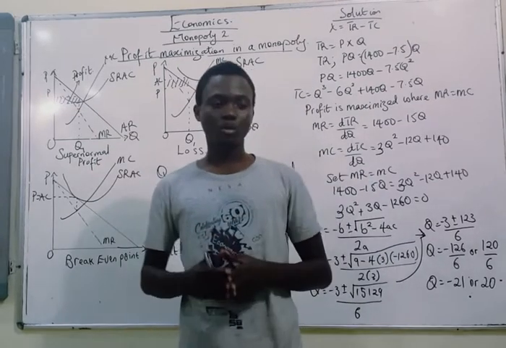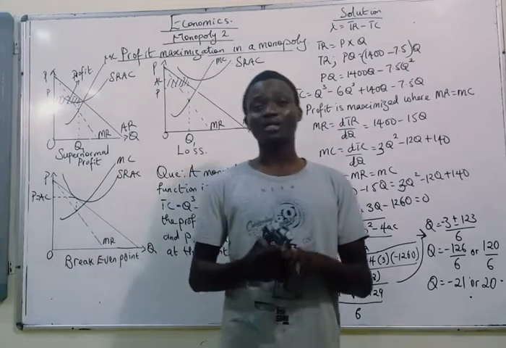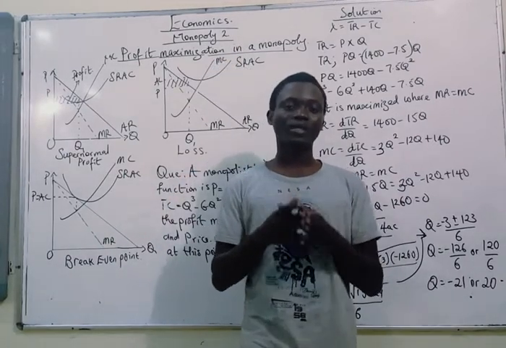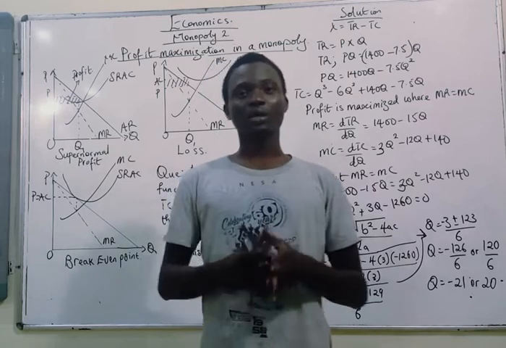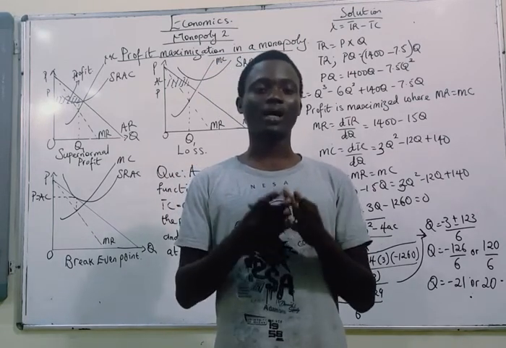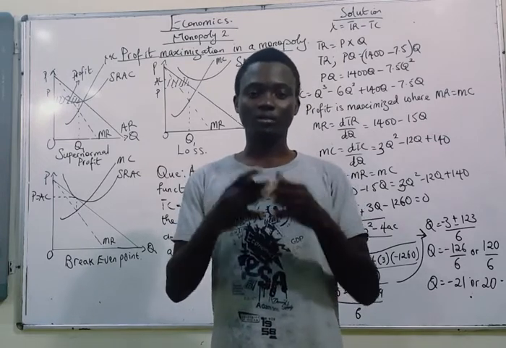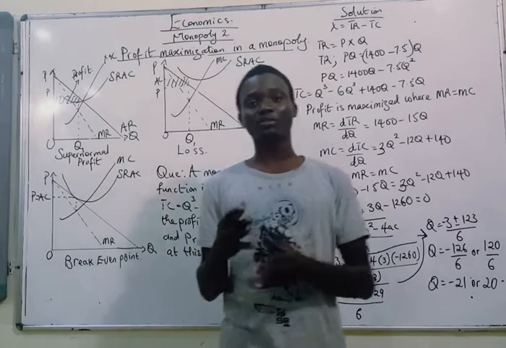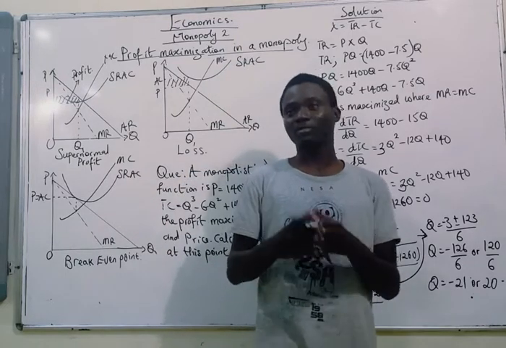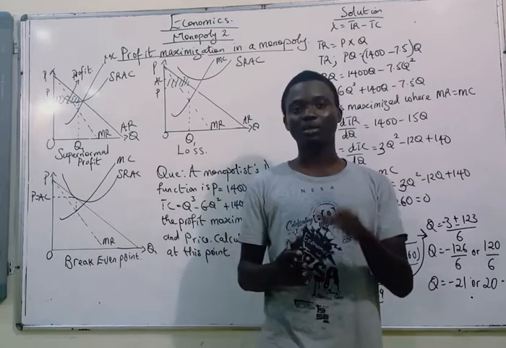Now, when does a monopolist maximize profit? What do we even call profit maximization? We are simply talking about the point where the highest profit is made, the quantity where the highest profit is made. Profit maximization is a combination of two things: revenue maximization and cost minimization. Revenue is something good, so we maximize good things in economics and we try to minimize the bad things.